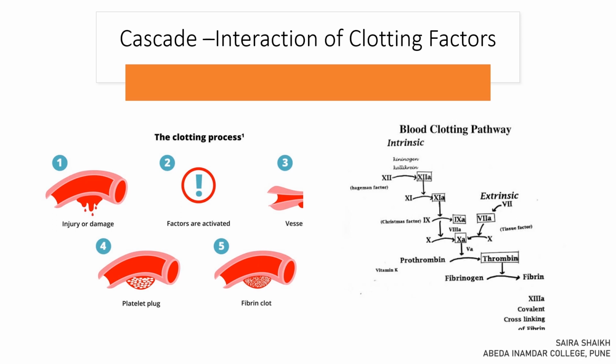The rest are all in active stage and they interact stepwise. This interaction is called a cascade. The cascade is responsible for the conversion of prothrombin into thrombin. The cascade activates thromboplastin and the thromboplastin helps in the formation of thrombin.